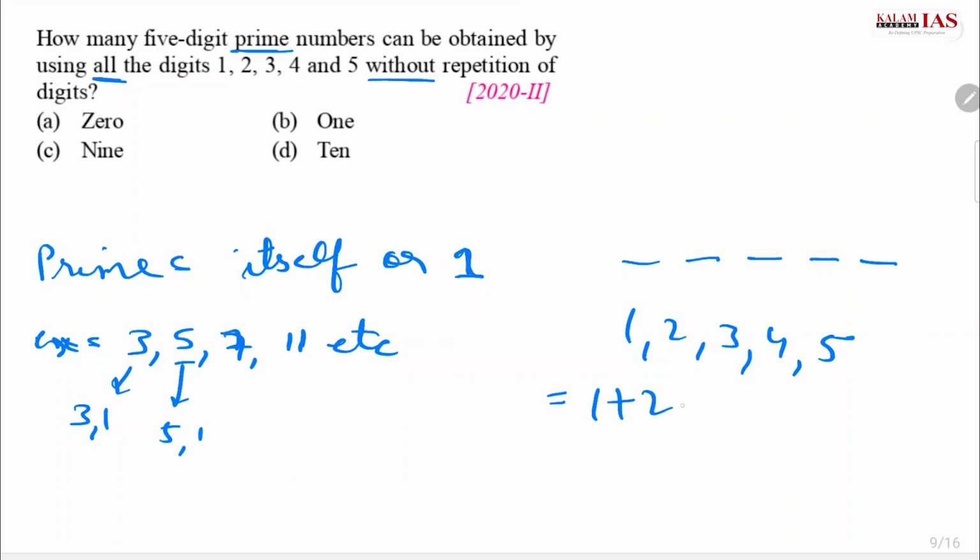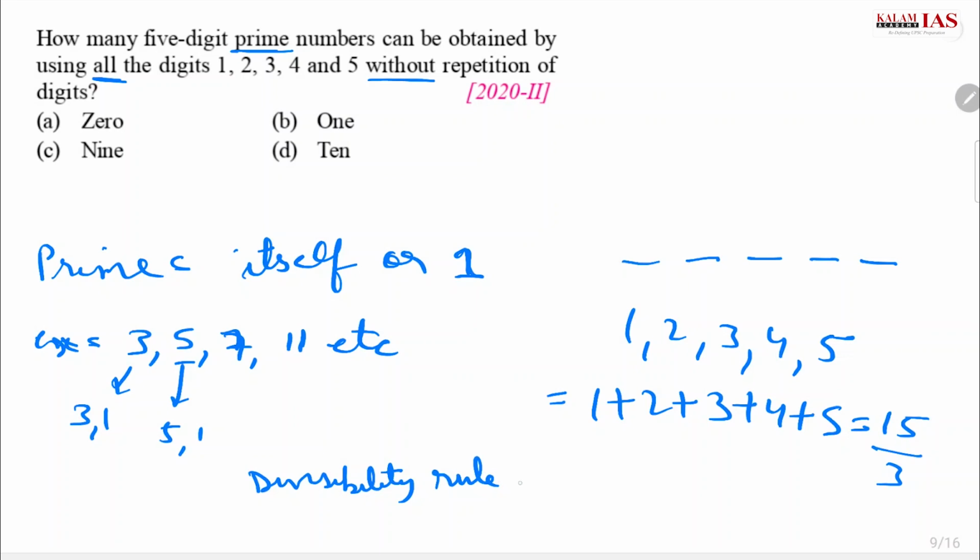So if we do the summation 1 plus 2 plus 3 plus 4 plus 5, it comes out to be 15. That means the summation is divisible by 3, and the divisibility rule of 3 says if the sum of digits is divisible by 3, that number will be divisible by 3. So in any possible way, whatever number we form using these 5 digits, the summation will always be 15.